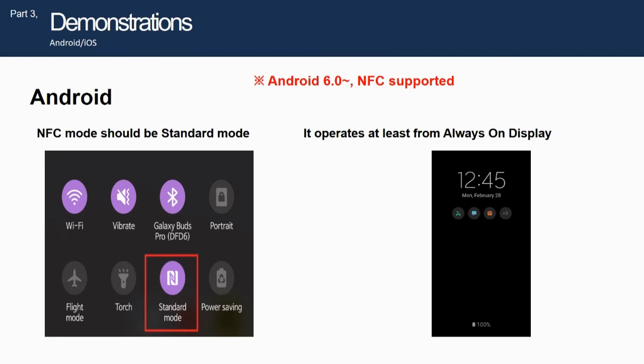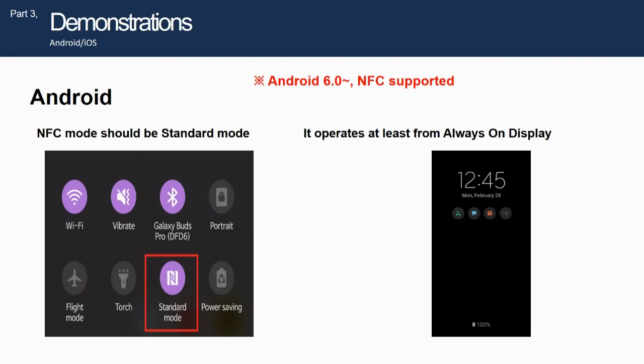Finally, I will explain some settings for Android and iOS to use UBio Xkey. First, in order to use UBio Xkey, your phone must have Android 6.0 or later and support NFC. Any permissions requested by the app must be allowed, and NFC mode should be standard mode in Android settings.